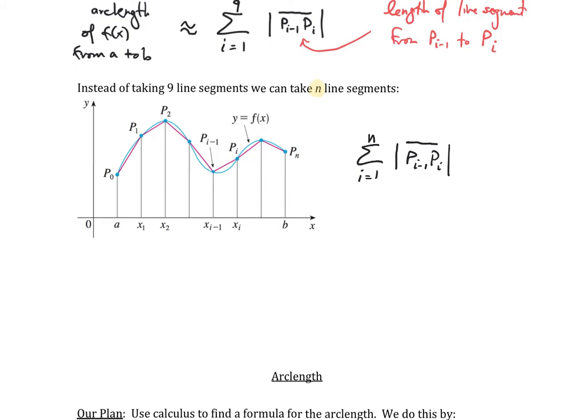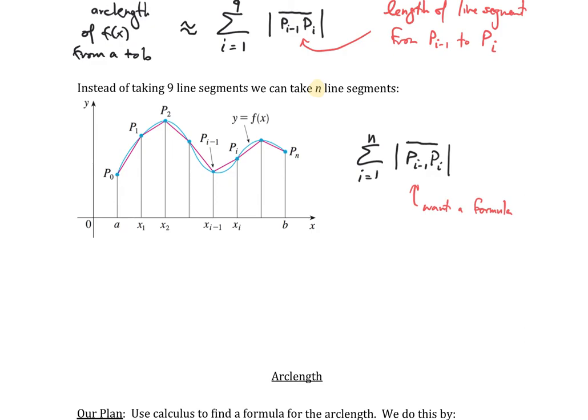So what we really want is a formula for this, and we use our Pythagorean theorem formula to get it.